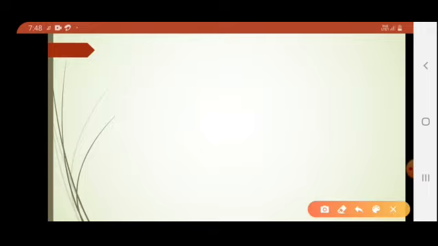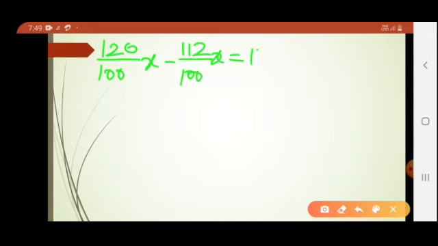Once again I write the step. Now what we got: 120 by 100 x minus 112 by 100 x equals 1200. Throughout we will multiply by 100, then the 100s will be cancelled, and on the right side into 100 will come.